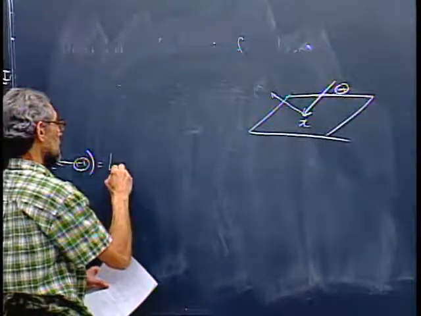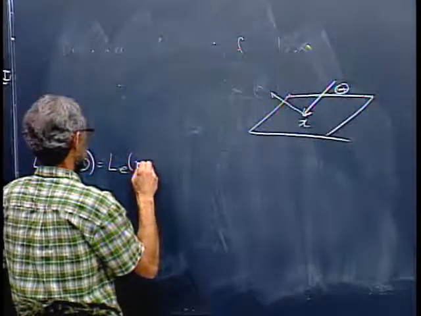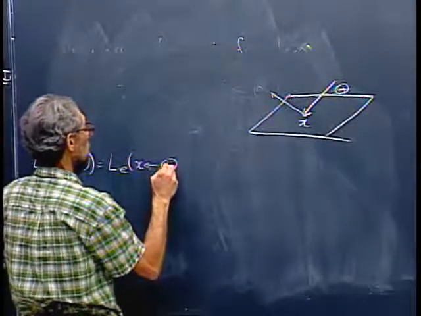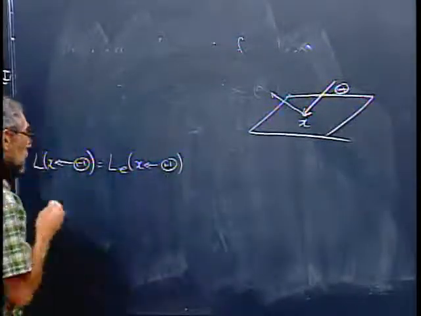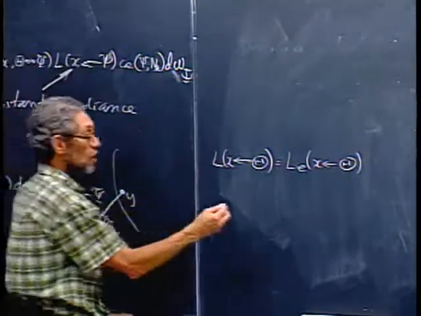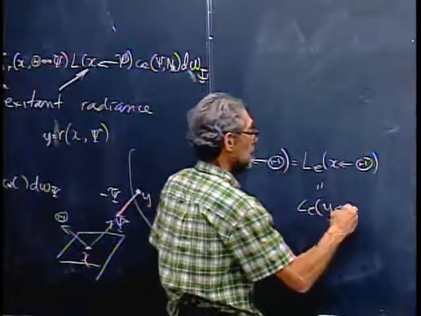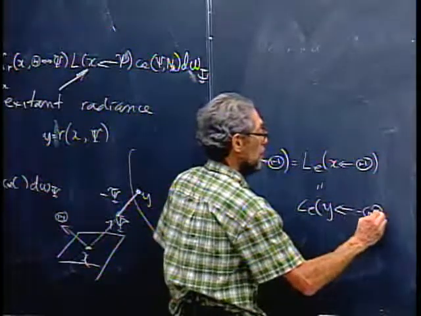is Le incoming. So what does this really mean? What this means is it's the excident radiance from y that's emitted. Right? This term is really Le of y going in direction minus theta.